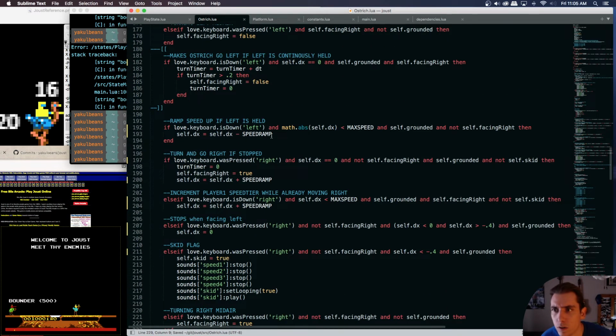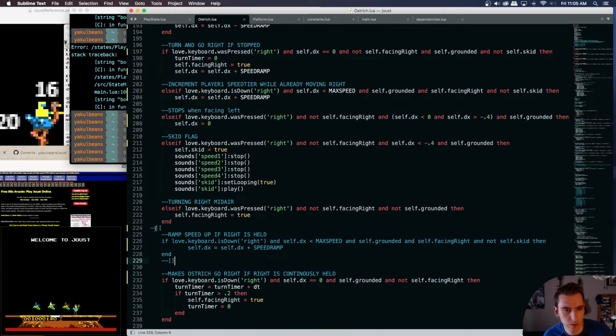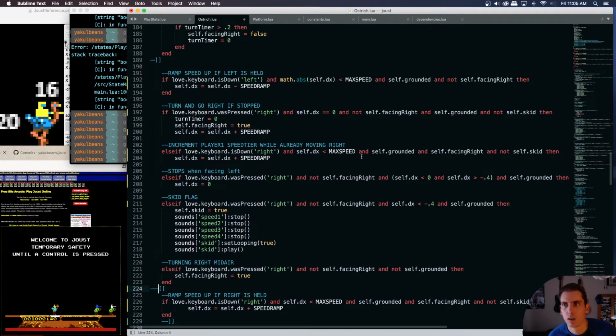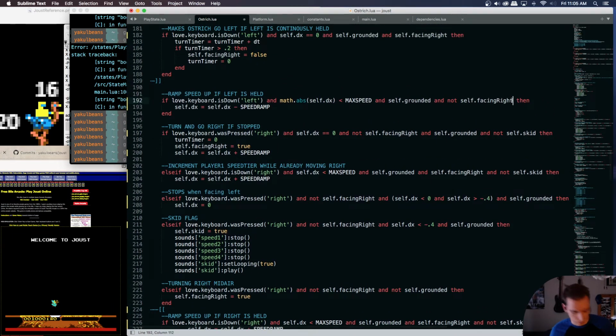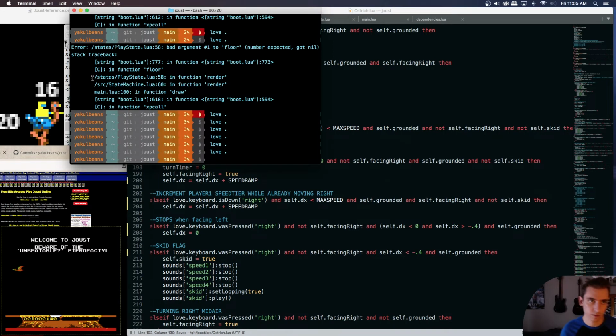And then, oh no. Ramp speed up if left is held, ramp speed up if right is held. So maybe not. I was thinking we took the left one out. So let's add and not self skid to this left input and see if that fixes it.